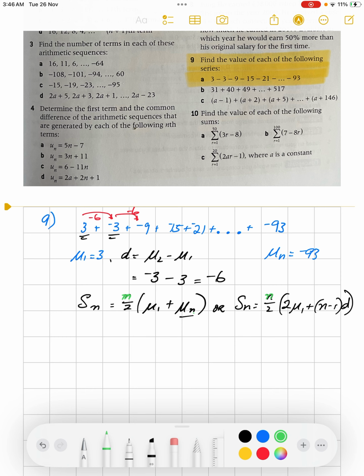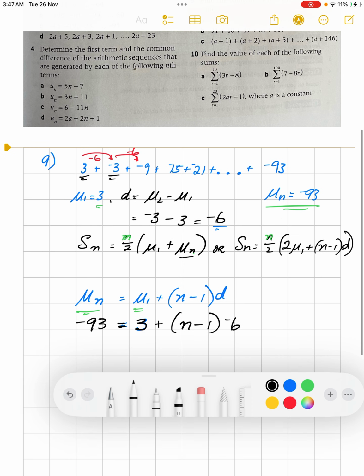So what we will do is find n by using this nth term formula, and we can substitute. We know that the nth term is negative 93. We know that the first term is 3. We don't know n, but we do know the common difference is negative 6.